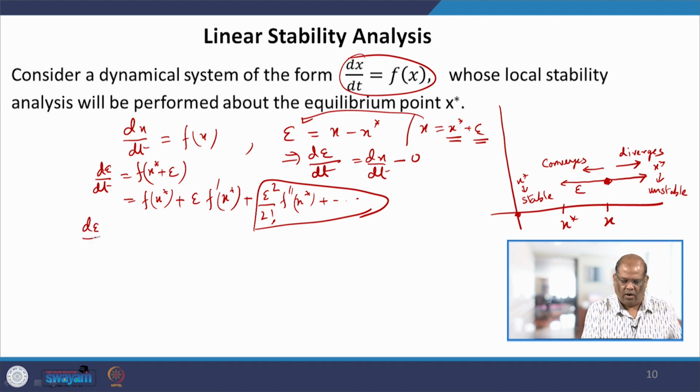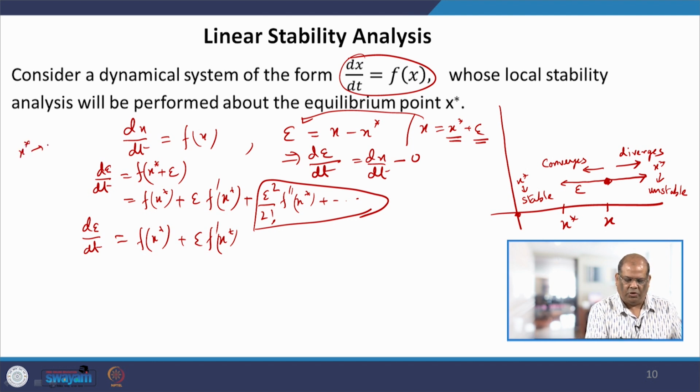So, d epsilon/dt will be approximately equal to f(x star) plus epsilon f dash x star. Now, since x star is the equilibrium solution, it is going to satisfy this particular equation.